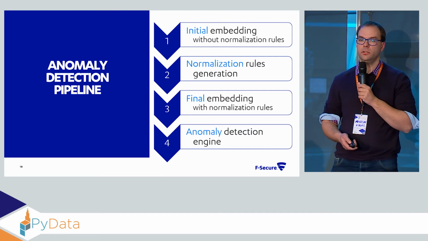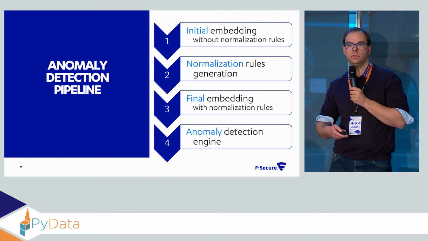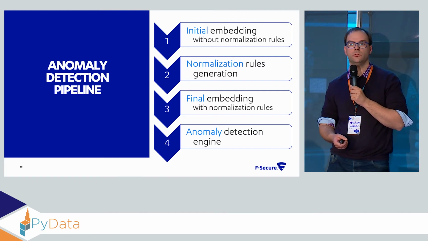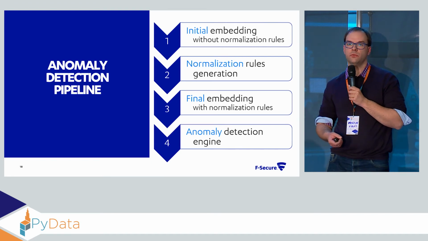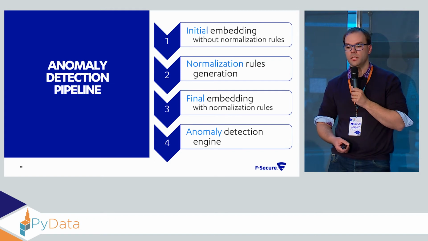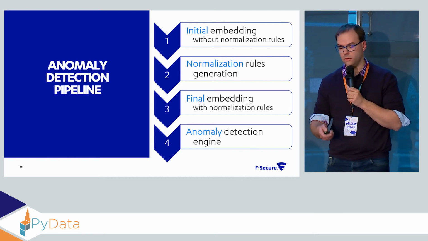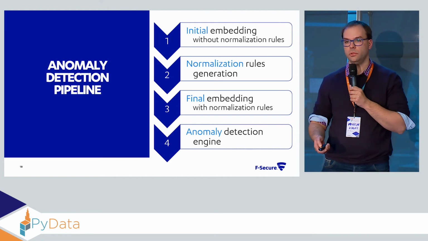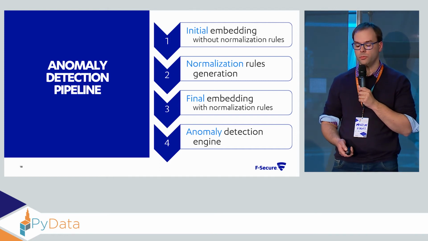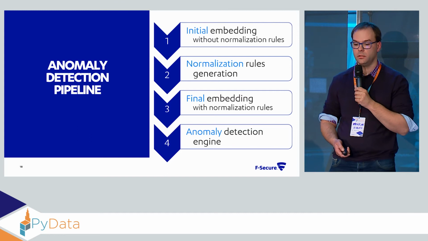We could use the initial embedding on a subset of data because it's very good at finding whether something is random: it will be visible many times on many machines. But then in the final embedding, we could use those normalization rules on the whole set and train the final model on the whole set, so that at the end we push it through the anomaly detection engine.